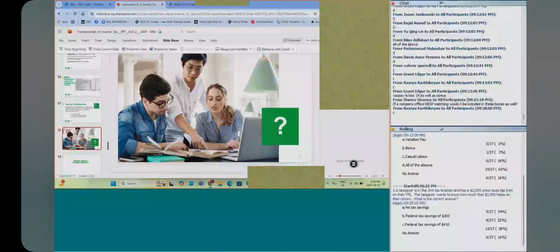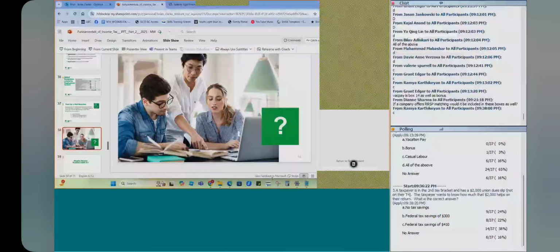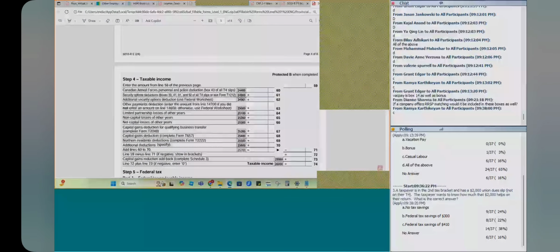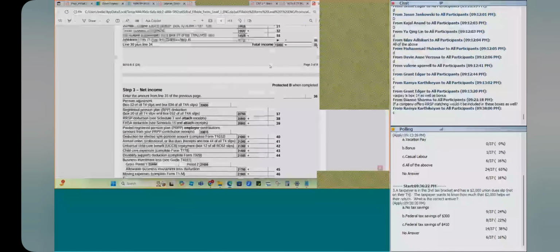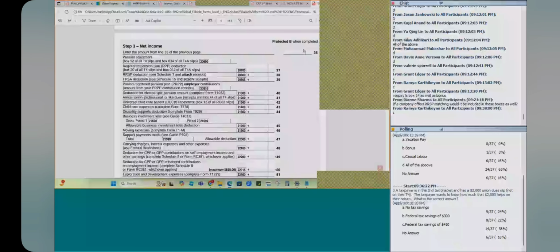Let's pull up the form. So, remember what's happening here. If someone has their total income up here, it's added, and then we deduct the union dues. So let's say they're in the second tax bracket. Let's say they're paying $70,000, and then in union dues they have $2,000.